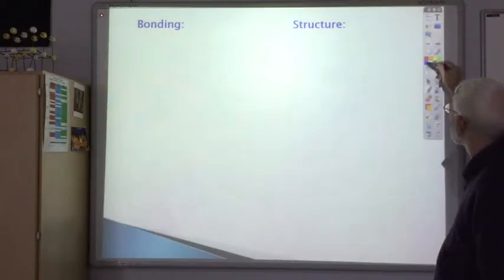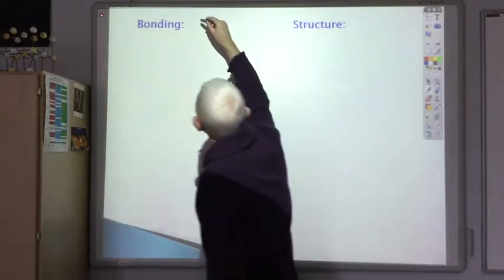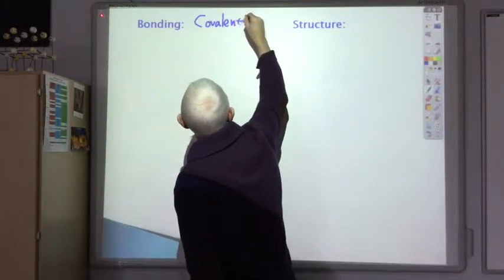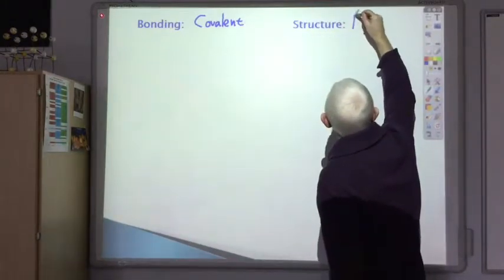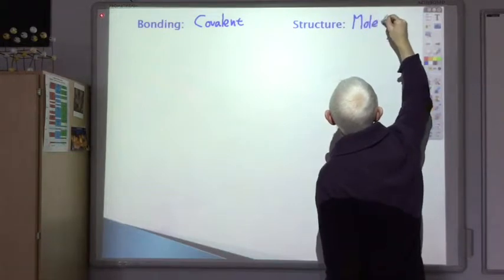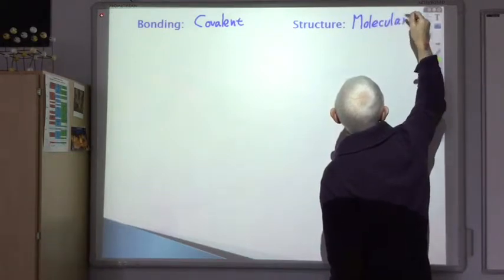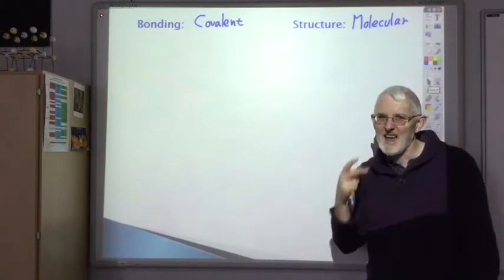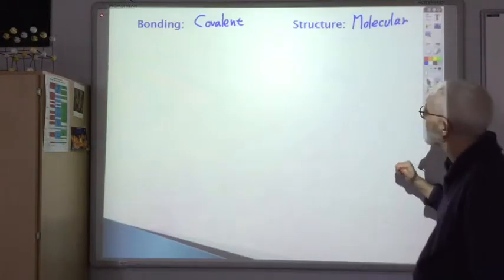So the bonding is covalent because they're non-metals. The structure is molecular because they form molecules as opposed to covalent networks. But they don't all have the exact same type of molecule.